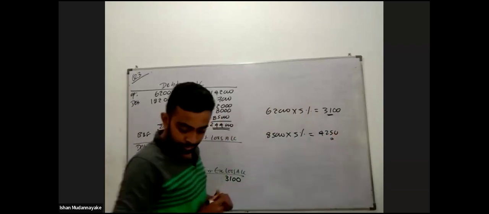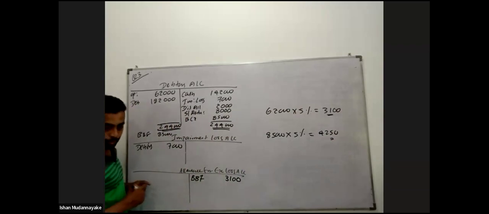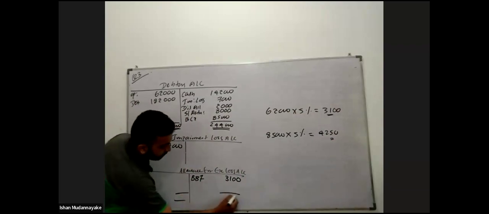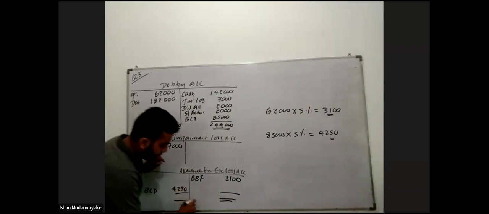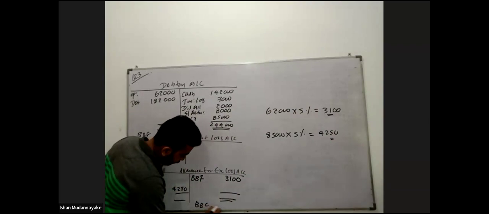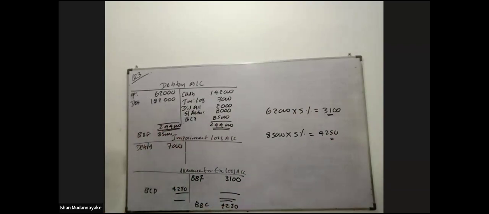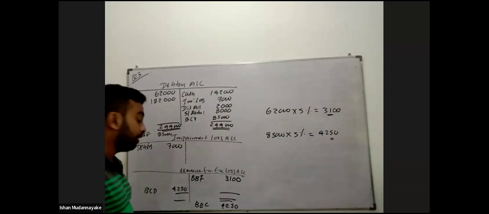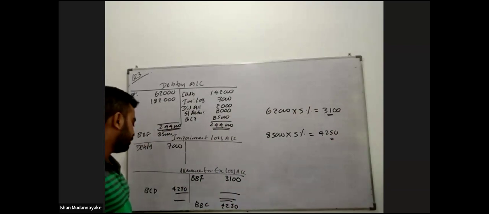This should be the amount in the allowance for expected loss account as closing balance. Balance carried down 4,250. Balance brought forward 4,250. Based on the closing debtors balance, you should have 4,250 in the allowance for expected loss account.